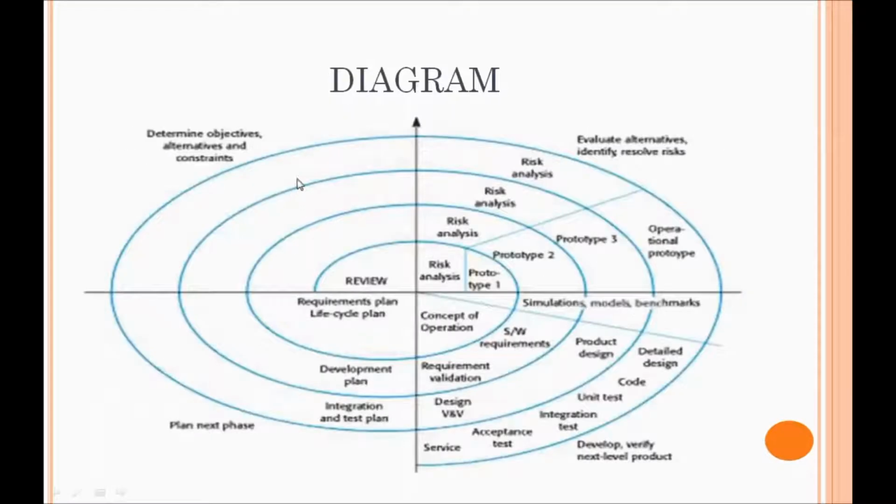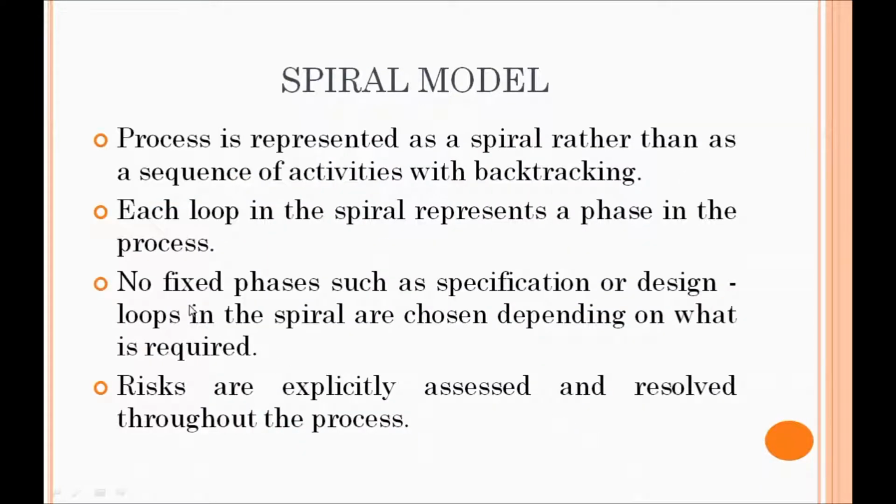Next, each loop in the spiral represents a phase in the process. I told you, each loop is going to represent one of the phases. You can see, right? I will take up the example now. And there are no fixed phases such as specification or design, right? No fixed phases means you can choose any phase and start from any phase as you want. That is flexible, right?